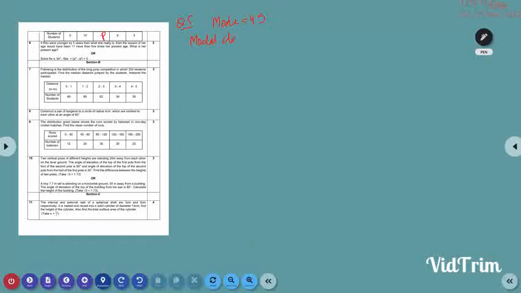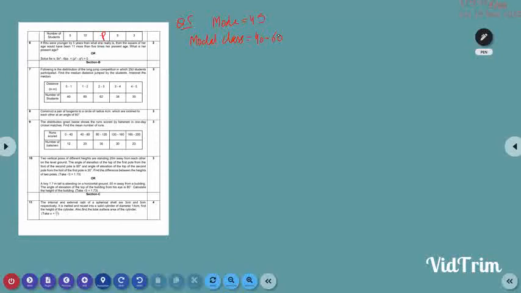So L, which is the lower limit of modal class, is 40, because we have to use the formula of mode in this question, and for that we need the value of L, H, F1, F0 and F2. So L is the lower limit of modal class which is 40.